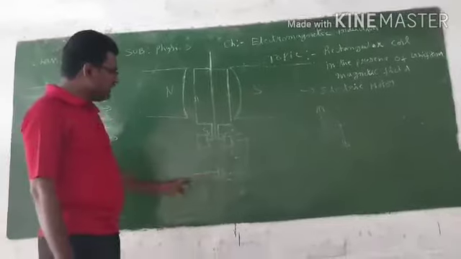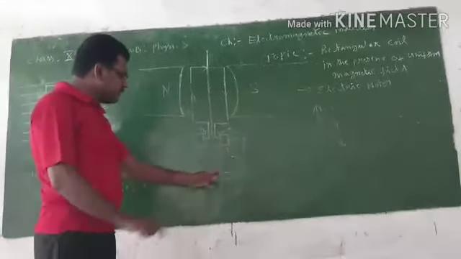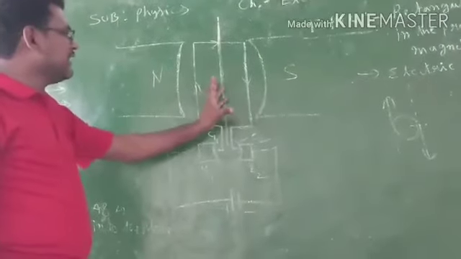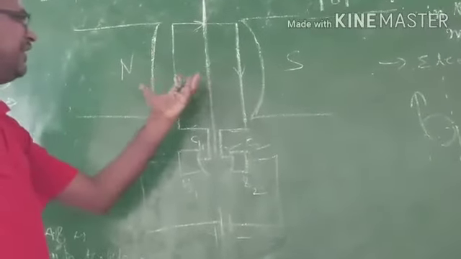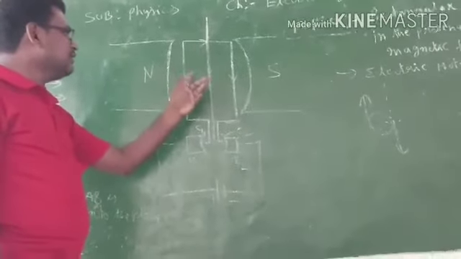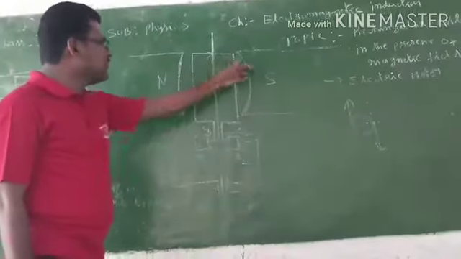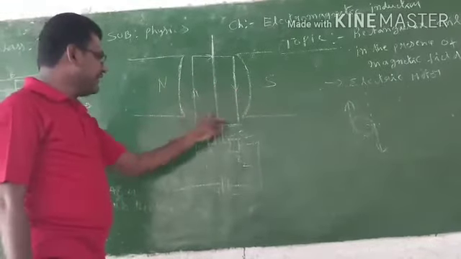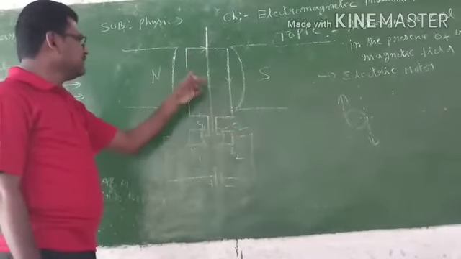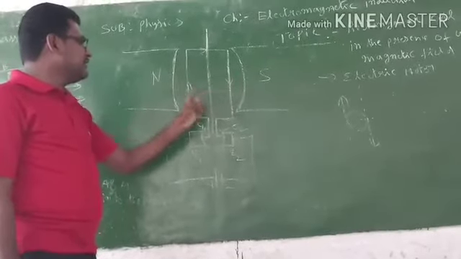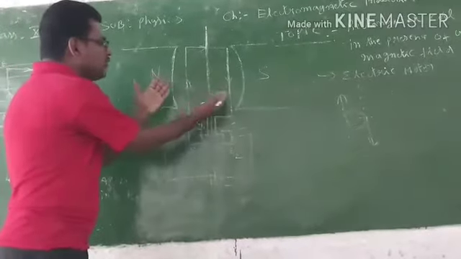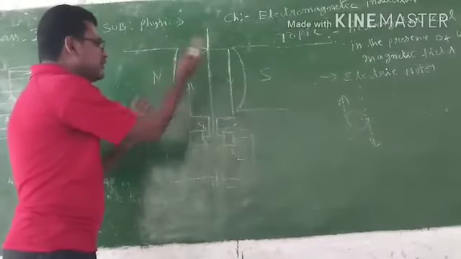Here we supply the electric current. When we supply the electric current, the rectangular coil rotates in the anti-clockwise direction continuously, because it is in the presence of a uniform magnetic field. That means as the current flows through this rectangular wire, this external magnetic field exerts the magnetic force, and because of that magnetic force, this coil continuously rotates.